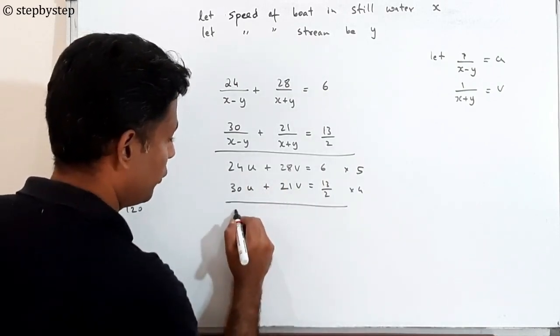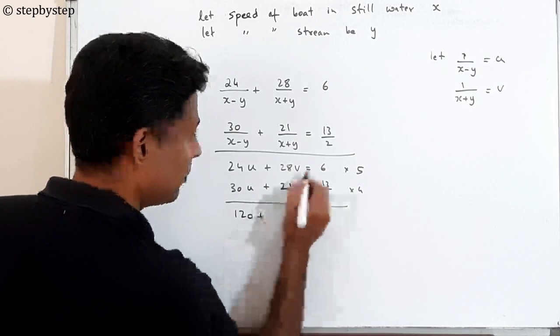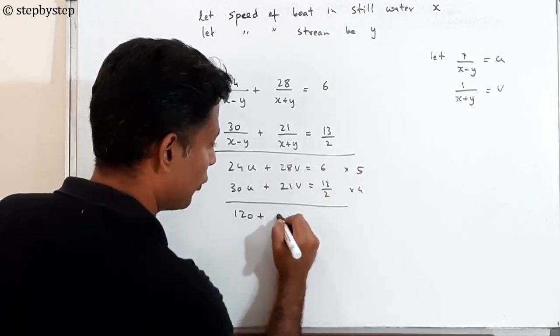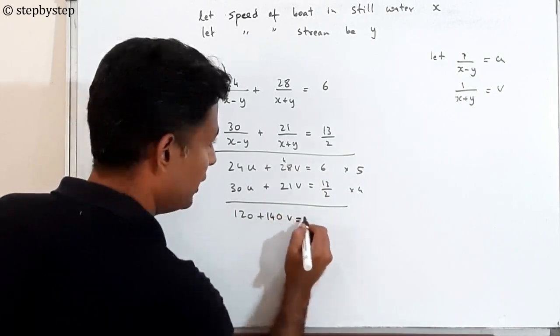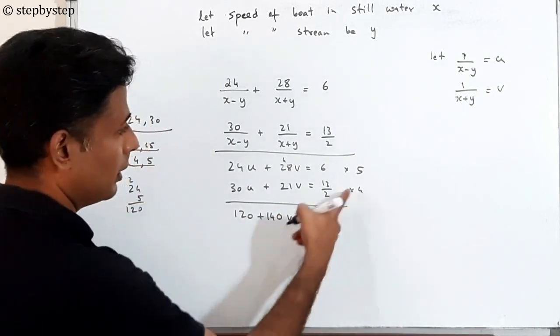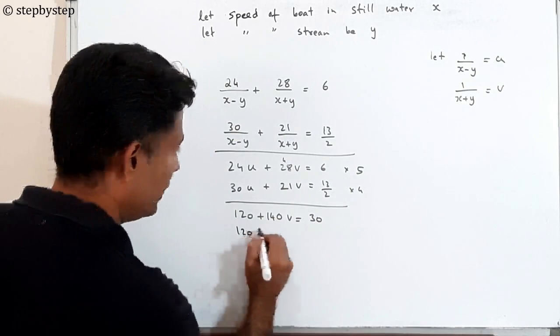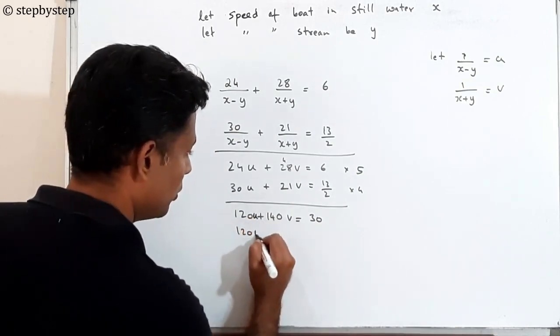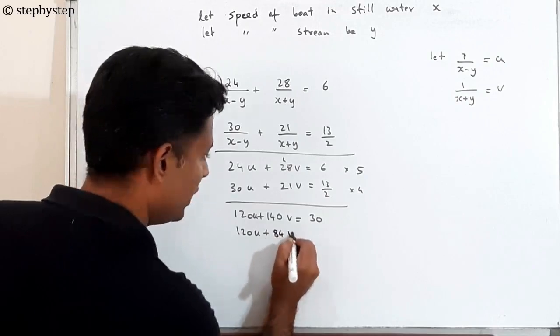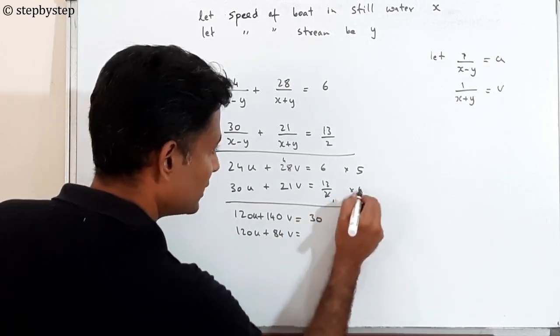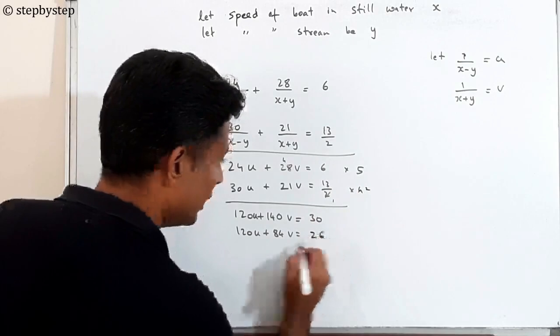So 5 24s are 120u plus 5 into 28, that is 140v equal to 30, and 4 30s are 120u plus 84v equal to 2 into 13, 26.